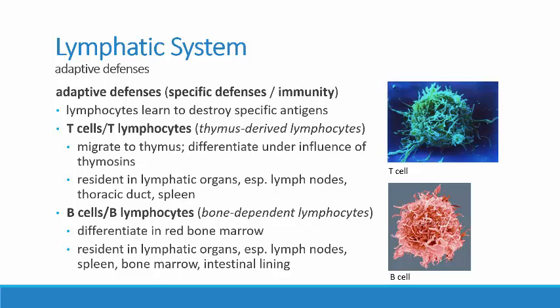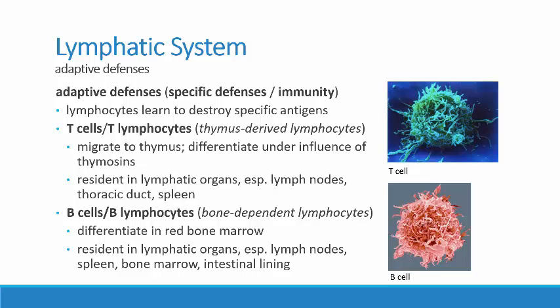And there, in the thymus, they fully differentiate under the influence of thymosins, which are hormone-like chemicals that the thymus produces. And then once they are fully developed, fully mature, then they take up residence in the lymphatic organs, especially in the lymph nodes, in the thoracic duct, and in the spleen.